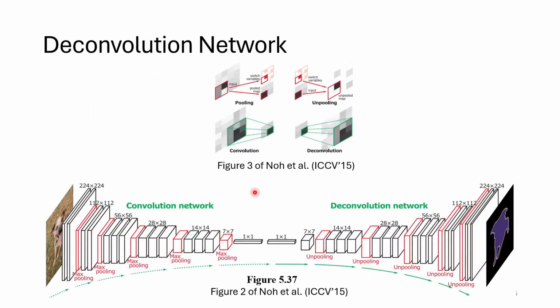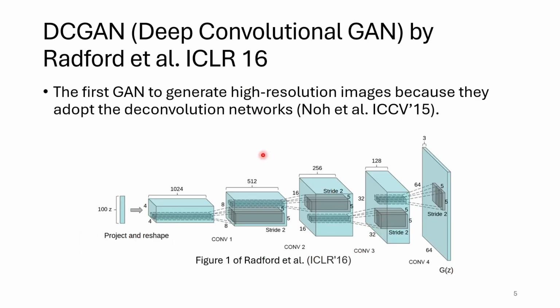So the paper has a second part, the deconvolution network, and DCGAN just uses the second part. It adopts the deconvolution network so that from an input random signal or a latent code, there is a deconvolution upsampling step, and the deconvolution, so it will generate high resolution images.